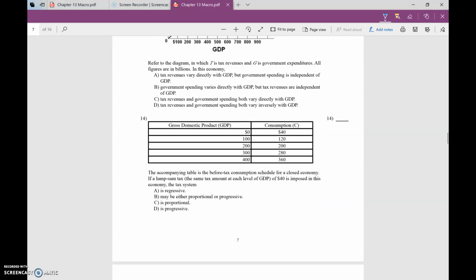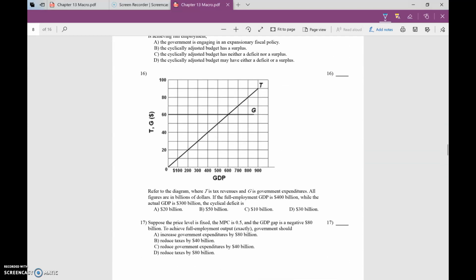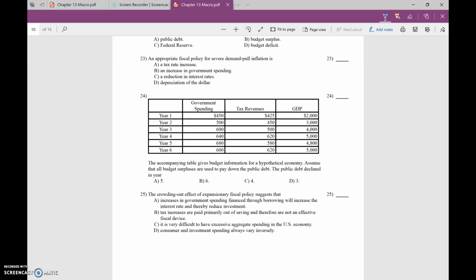Alright, I'm just going to go over some of the other questions really quickly. So take a look at question 24 here. It's asking the public debt declined in which year? We have the government spending and the tax revenues here.